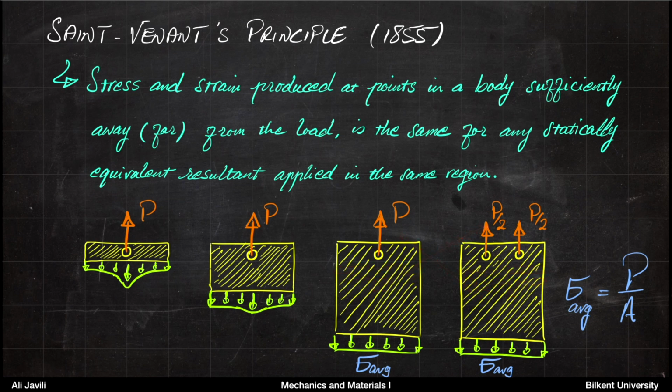We want to talk about cases that we are sufficiently far, and then we can talk about stresses in the sense of an average quantity, and then that average stress is normal force divided by area. And obviously this problem that I'm talking about is about normal forces, but you can imagine the same concept also holds for shear forces and so on.